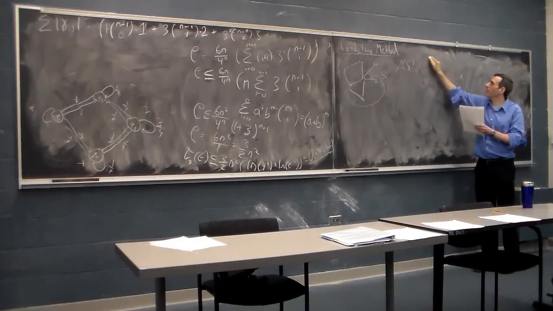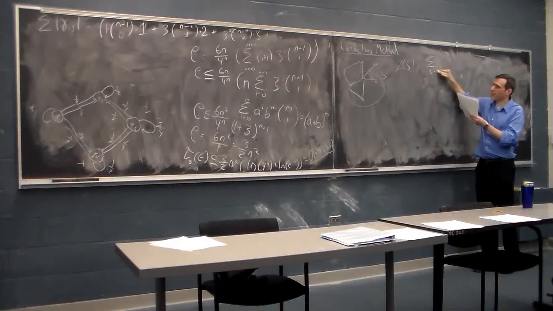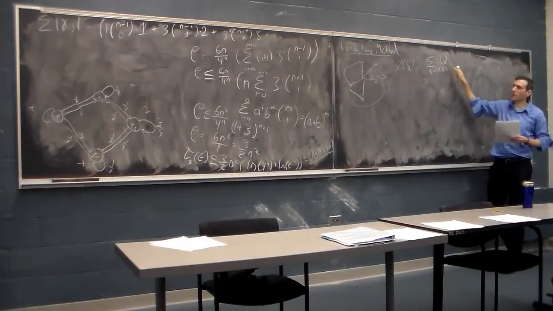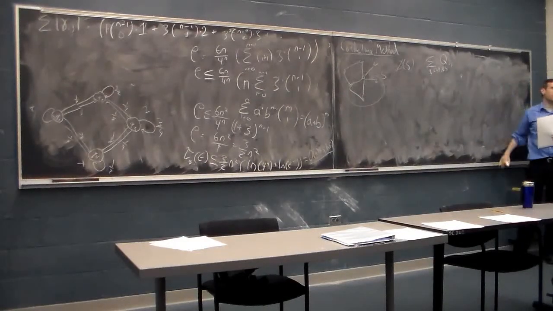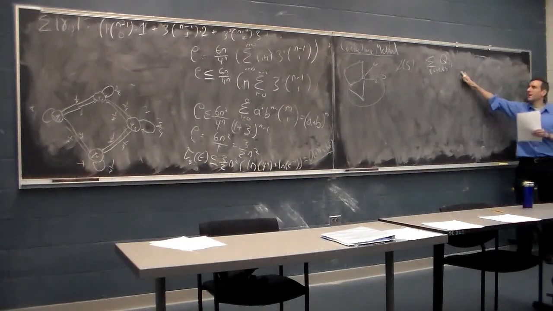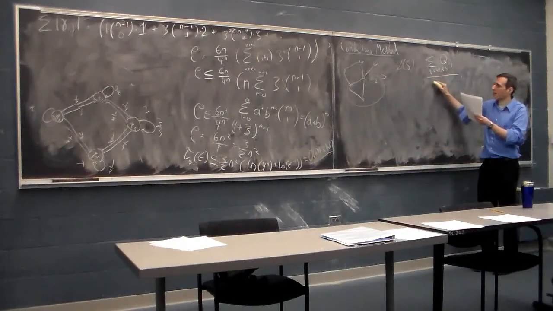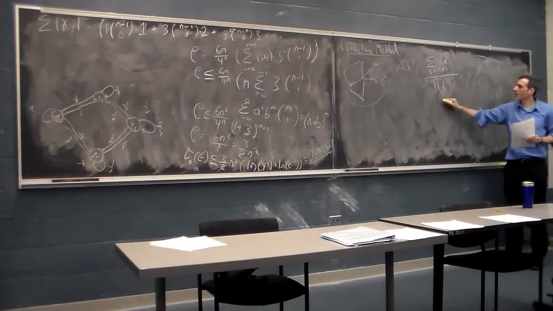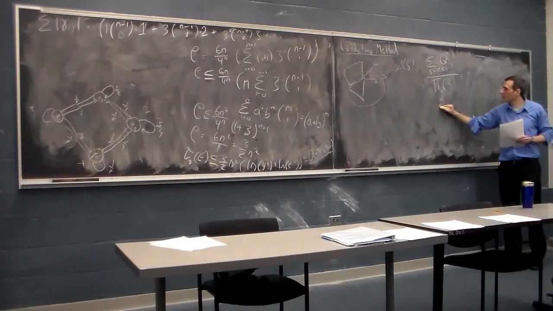It's going to be the sum over Qi in S, Qj not in S, of capital Q sub ij, which is the capacity term we saw before, these Pij's, divided by what we're going to call capital pi of S, which is simply the sum over Qi in S of pi i.